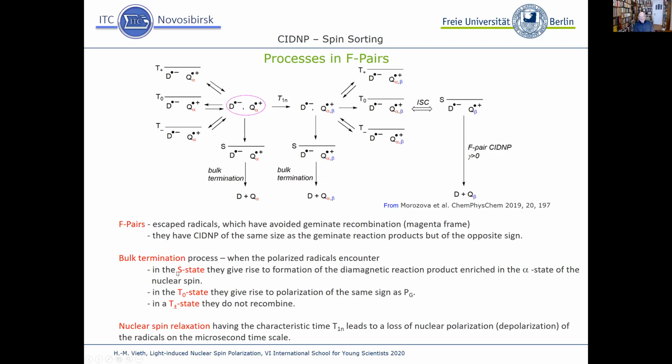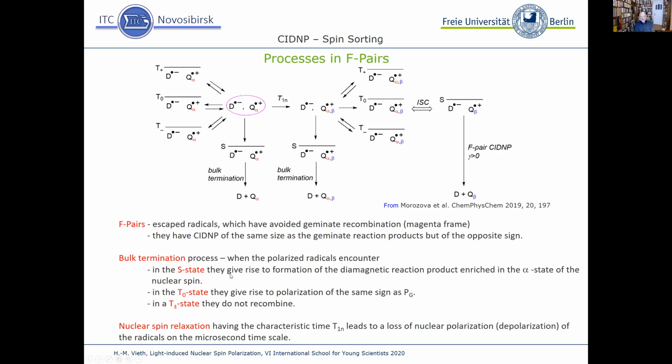And when they meet each other, they form with their instantaneous spin state either a singlet or a triplet state. A triplet state either in the T0 or in the T plus minus substates.